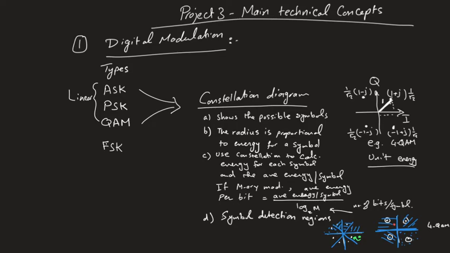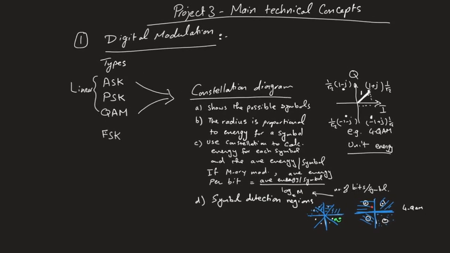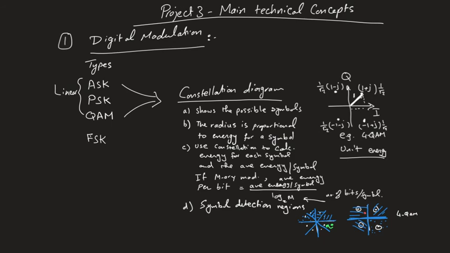Another important thing that also corresponds to the constellation diagrams is the mapping. So we have the bit to symbol mapping, right?